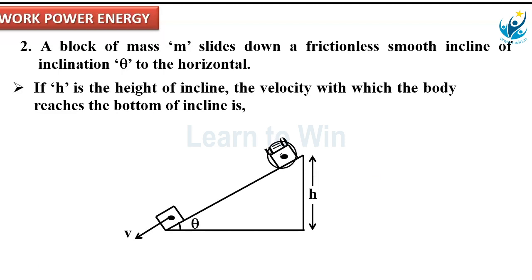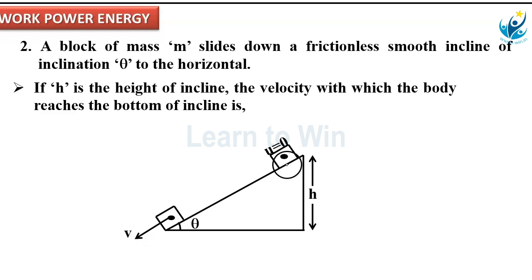Here the block is placed on the inclined plane, theta is the angle of inclination, and h is the height. The object starts with initial velocity 0. While reaching the ground, what is its velocity? v. Now we are going to find this v value.